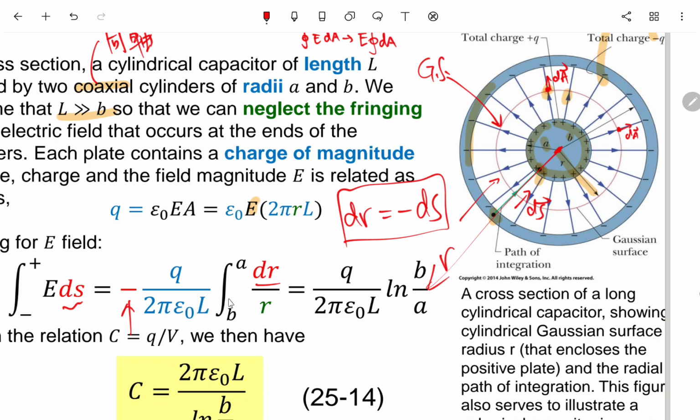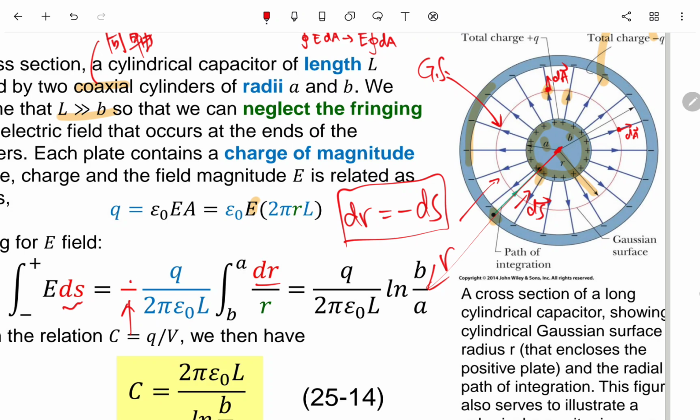Okay, so in that case, for dr, we try to integrate from B to A. B is the negative plate, referring to the radius B, which is larger. And then A is the smaller one. So this is A here.